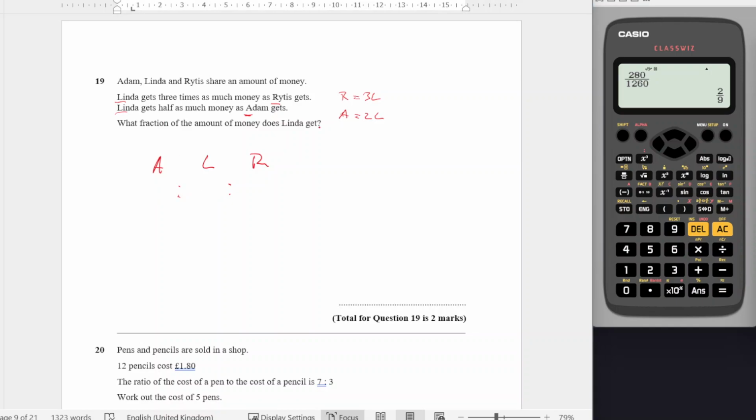Linda gets 3 times as much as Ritus gets, so 3, 1, and then 6. So Linda gets 3 out of the 10 parts, so 3 out of 10.